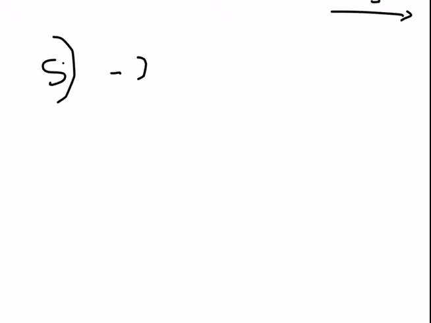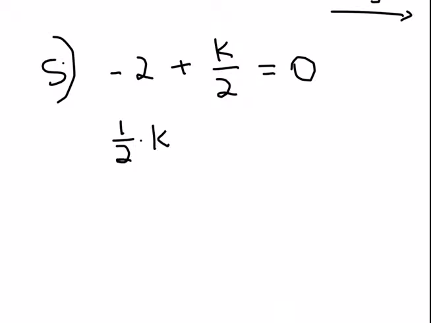Let's say you have negative 2, where we plus k over 2, and this time around let's equate it to 0. So based on what I'm saying, it means you will need to rewrite that fraction as 1 over 2, that is being multiplied by k, which should be equals to, you take 2 to the other side, it changes the sign, it becomes 2.